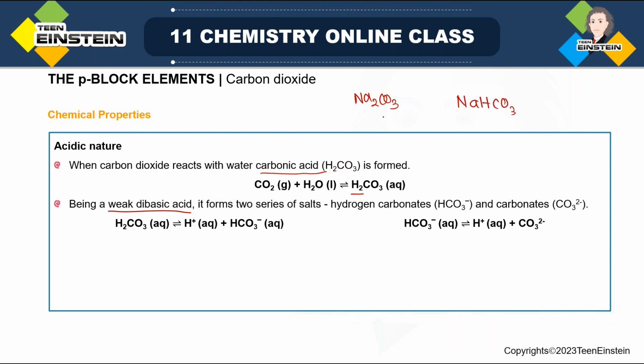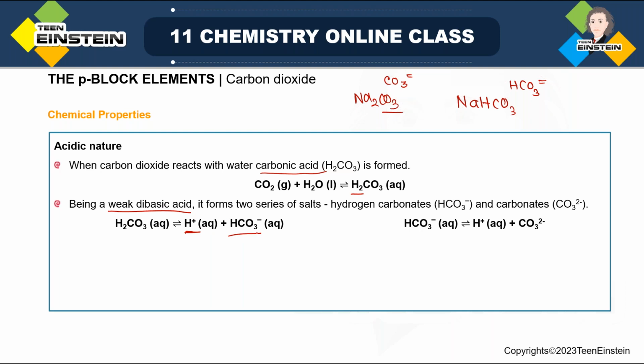So where is this coming from? If you consider the anion, here the anion is CO3 2 minus, here the anion is HCO3 minus. So both these anions, the source is the same, the source is H2CO3. So if H2CO3 is ionizing as H plus, that is only one hydrogen is dissociated from H2CO3, then the anionic part is HCO3 minus.